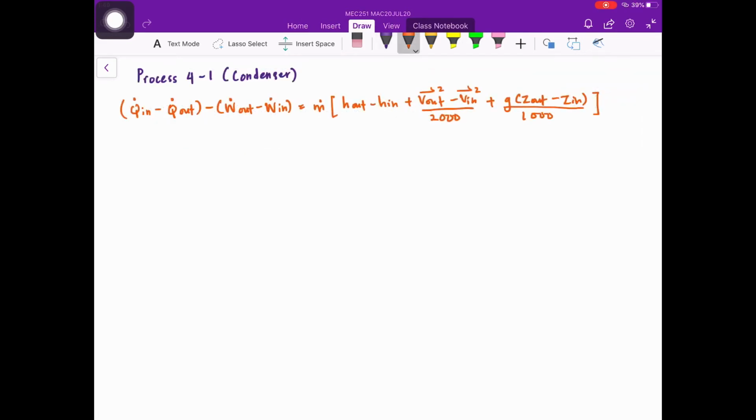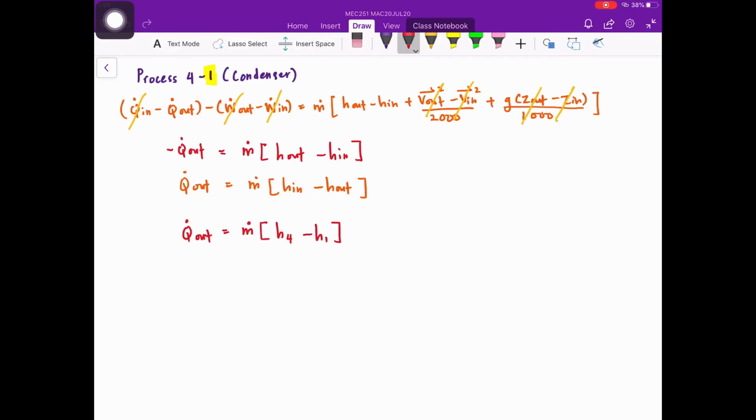Lastly, for process 4 to 1 at the condenser, from the steady flow energy equation, we can neglect the terms power, kinetic energy, and also potential energy, since the condenser only rejects heat from our system. Therefore, the term Q dot in can be cancelled. Our steady flow energy equation will now become this expression. Note that state 4 is the inlet for the condenser and state 1 is the outlet of the condenser.